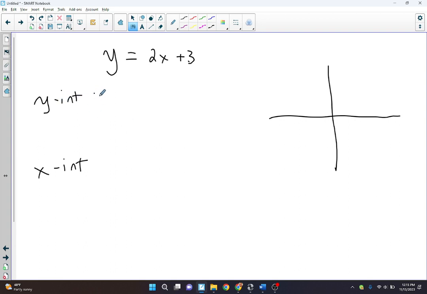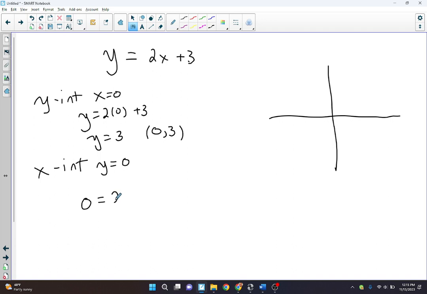So for the y-intercept, I plug in x equals 0. y equals 2 times 0 plus 3. y equals 3. So that's 0, 3. The x-intercept is the reverse. y equals 0. So 0 equals 2 times x plus 3.